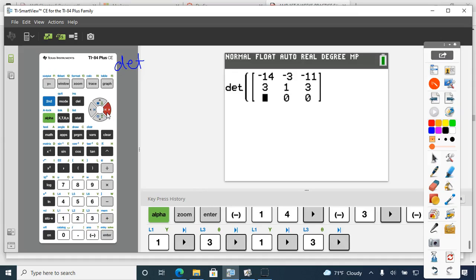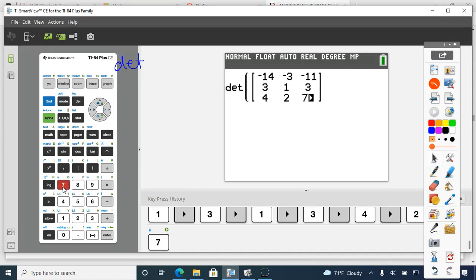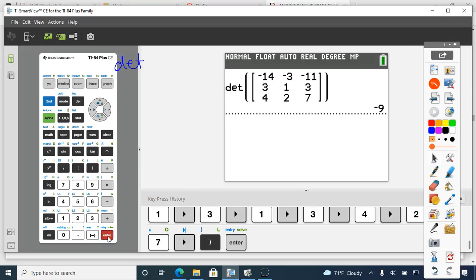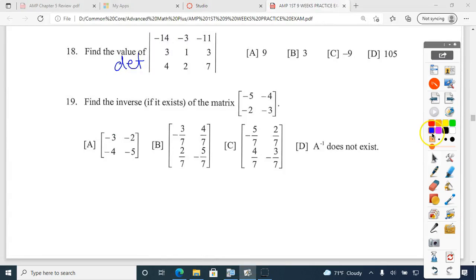Takes me down to the bottom row, which is 4, arrow, 2, arrow, and 7, arrow. And you can close parentheses if you want to. It's not a big deal if you don't, because you're not putting anything behind it. But you just hit enter, and -9 is your determinant, which would be C. That is all there is to it.